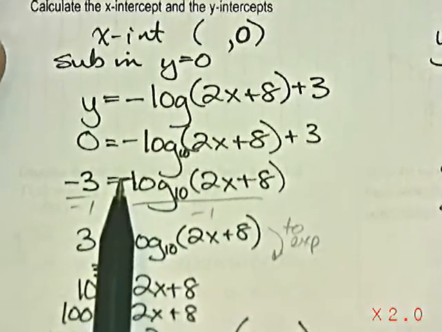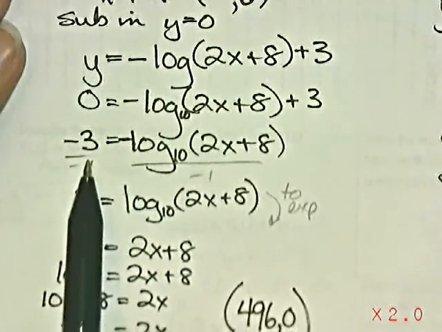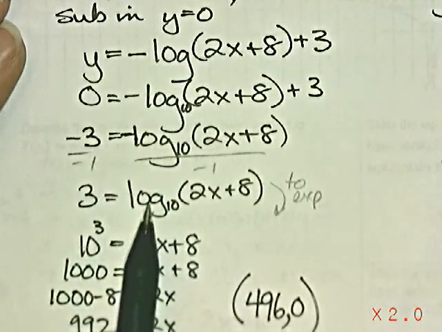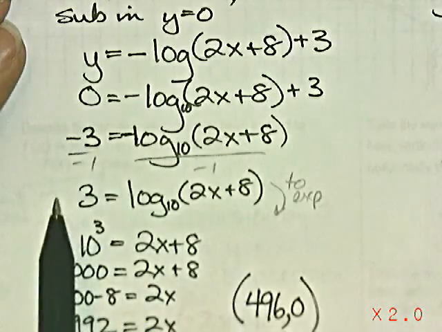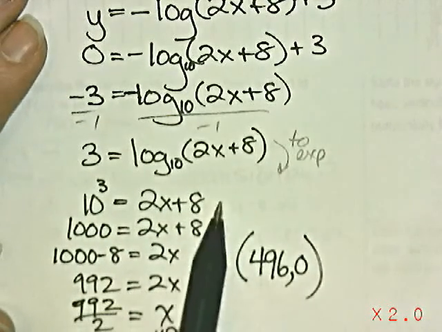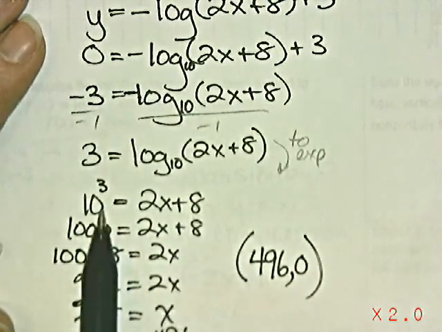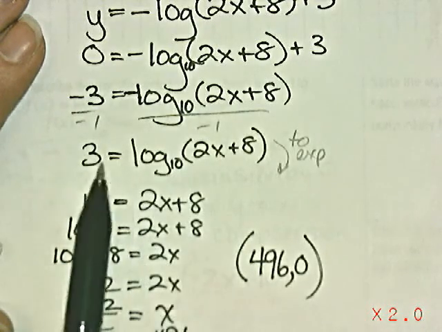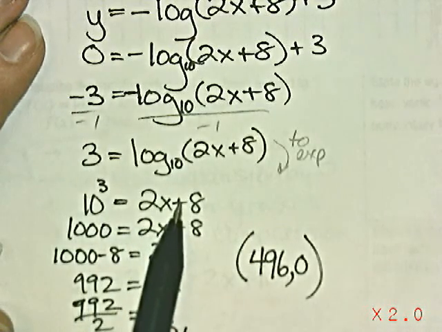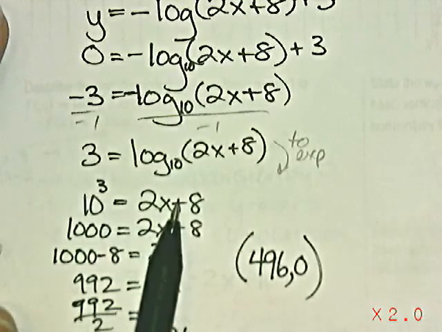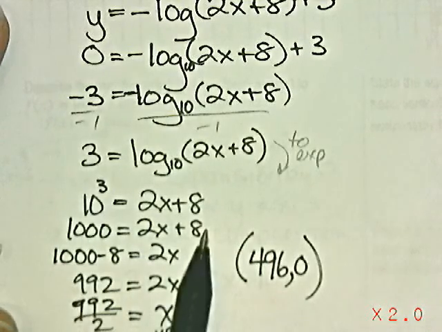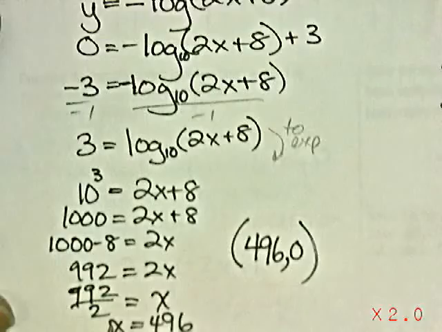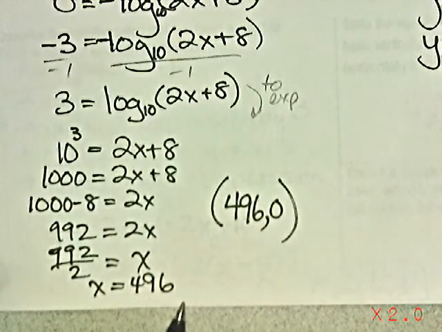Oh, it's still negative, so we'll divide away that -1. And now we just get a logarithm equals a number. At that point, we go to exponential. Base 10, exponent 3 is equal to the 2x plus 8. That's 1,000. And so we subtract the 8 and divide by 2, and we get 496.